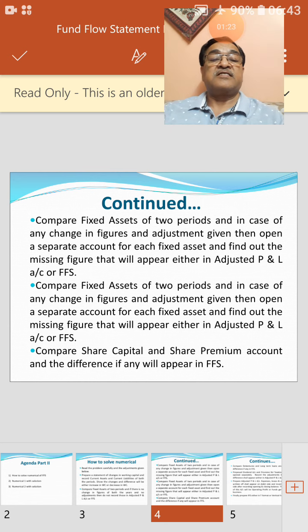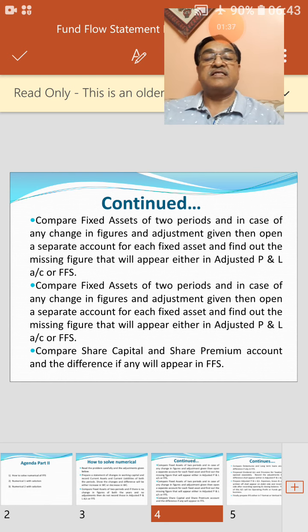Compare fixed assets of two periods, and in case of any change in the figures as well as adjustments given, then open a separate account for each fixed asset and find out the missing figure like purchase or sale of asset, profit or loss on sale of asset, depreciation on asset, and the missing figure will appear in adjusted P&L account or fund flow statement.